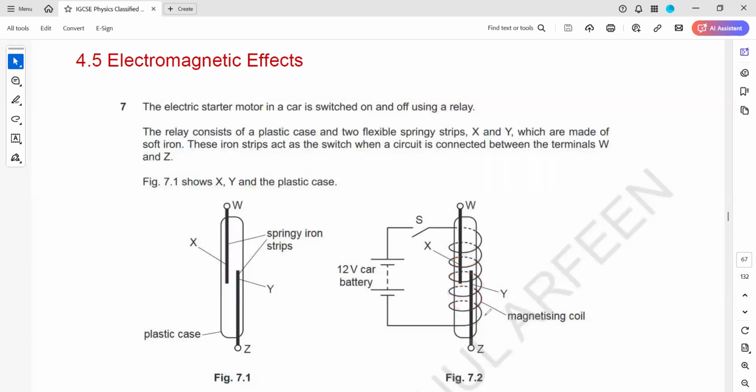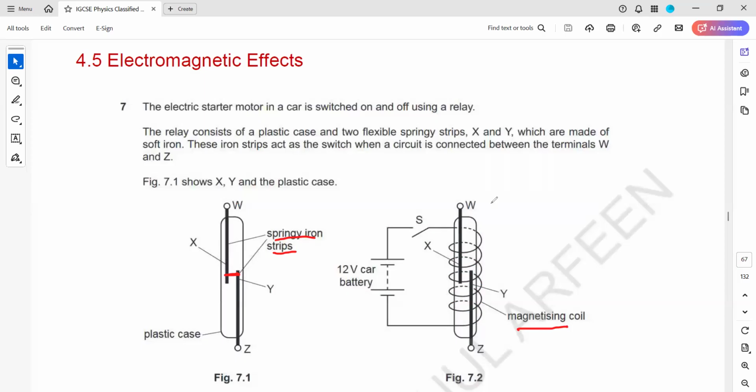You can see these strips are made of springy iron. The current is passing around them, which produces a magnetic field, and because of the magnetic field, these two iron strips behave like a magnet and come in contact, so it's closed.